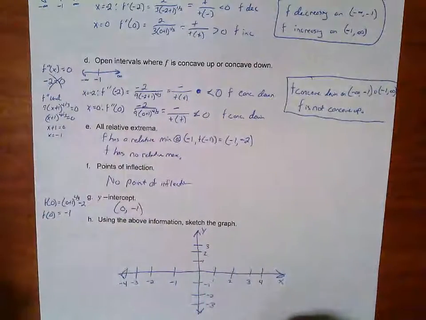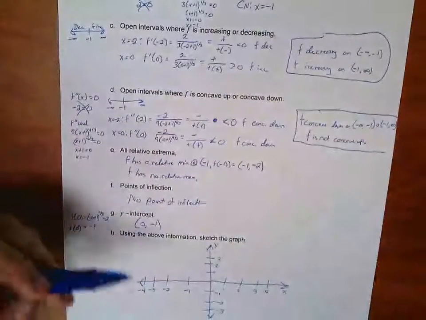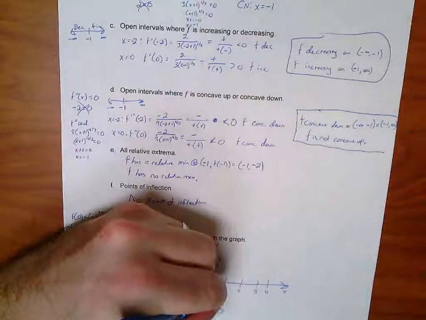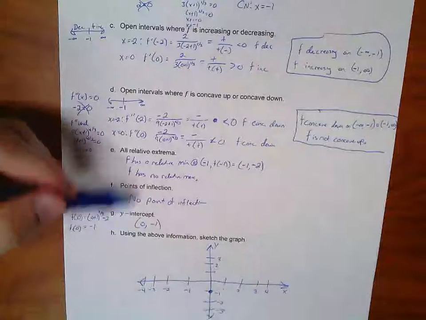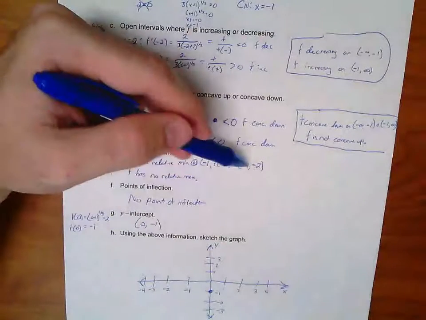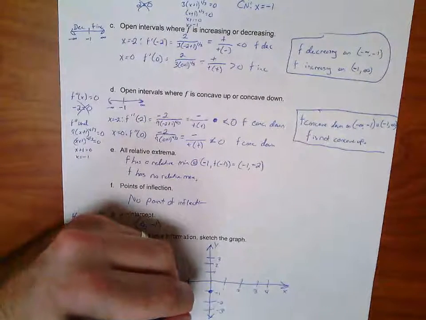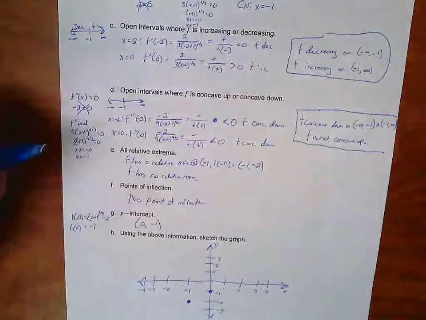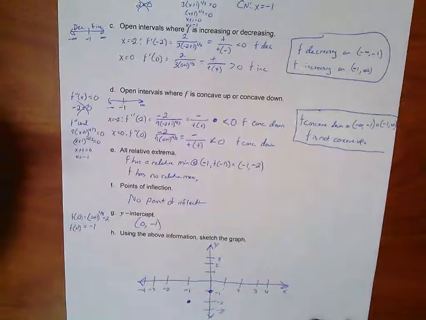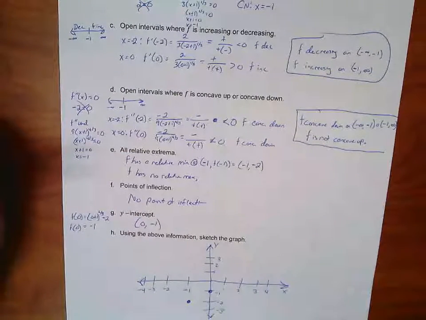If you don't label your axes, what happens? Yeah, you lose points. Alright, so putting everything together, starting with our y-intercept. So our y-intercept we know is 0, -1. We had a relative minimum at -1, -2. So those are the only points we knew in this case right off the bat.